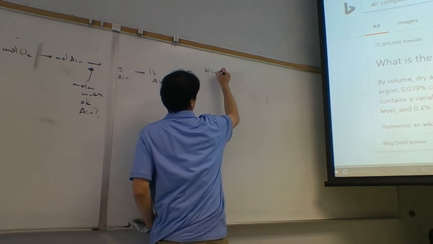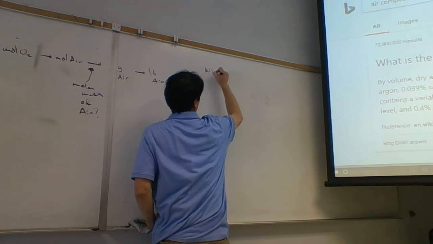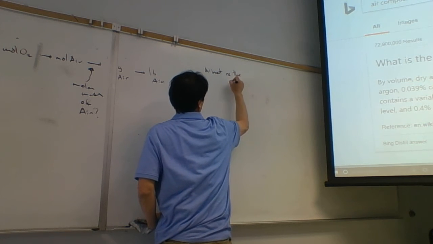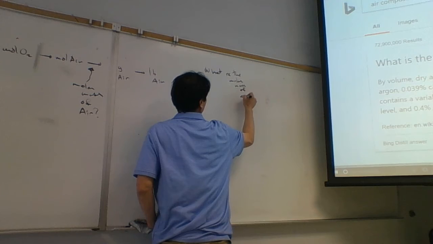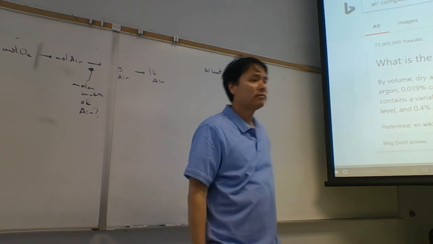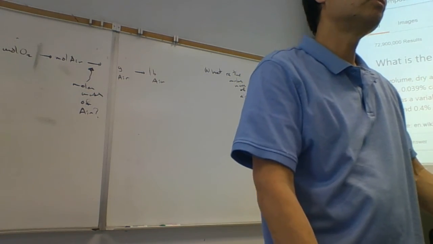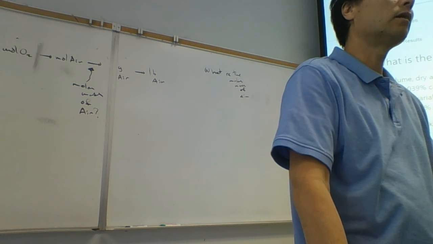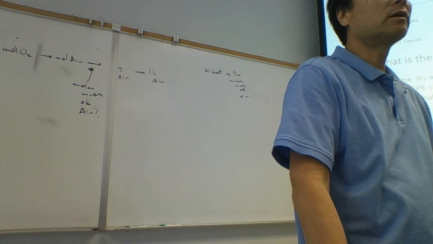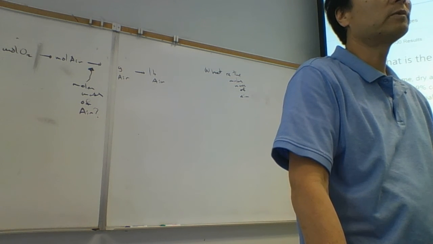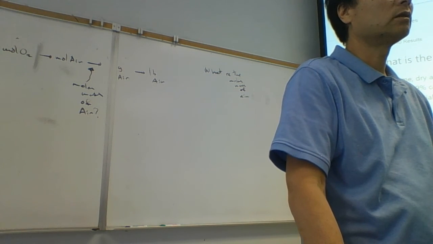And so the first problem we have to deal with is what is the molar mass of air. So if I have a mole of air, I'm going to have 6.022 times 10 to the 23rd air molecules. 80% of those molecules will be nitrogen, 20% of the molecules will be oxygen.